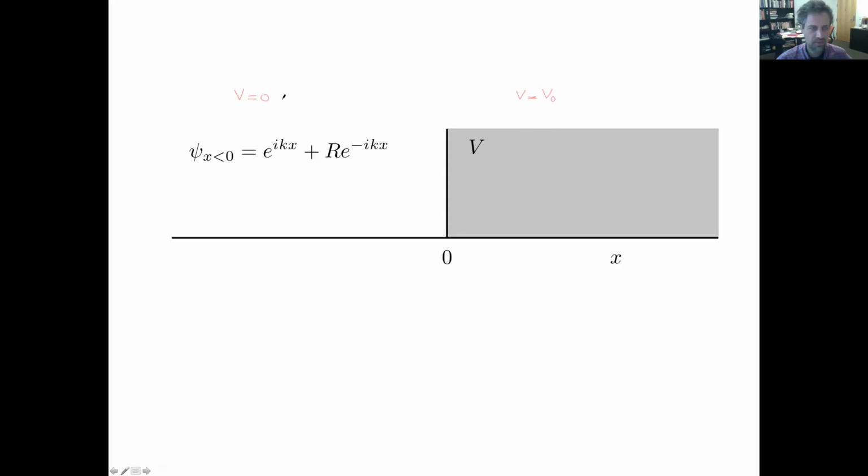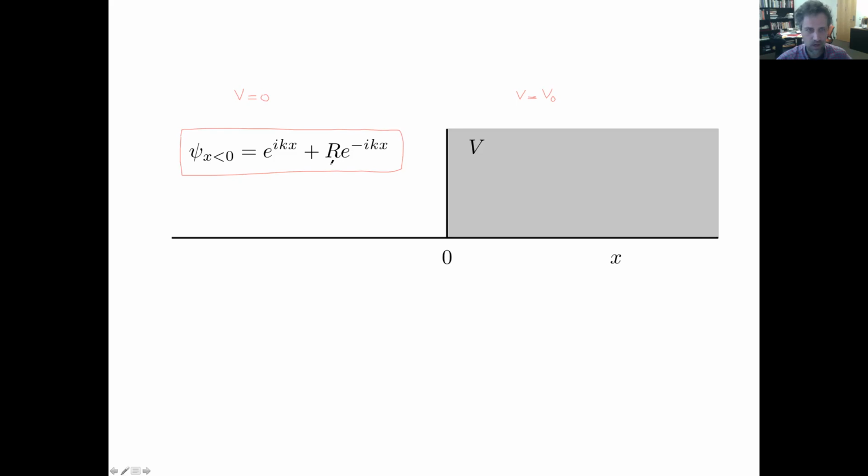But here on the left, I don't have a potential, so it's 0, and therefore I have a solution that looks like this. Previously, I wrote an A here and a B where the R is. But now I'm going to make the A 1, and I'm going to write the B as an R. Why? Because the R is going to mean something in a moment. It's going to be called reflection. That's why I call it R.